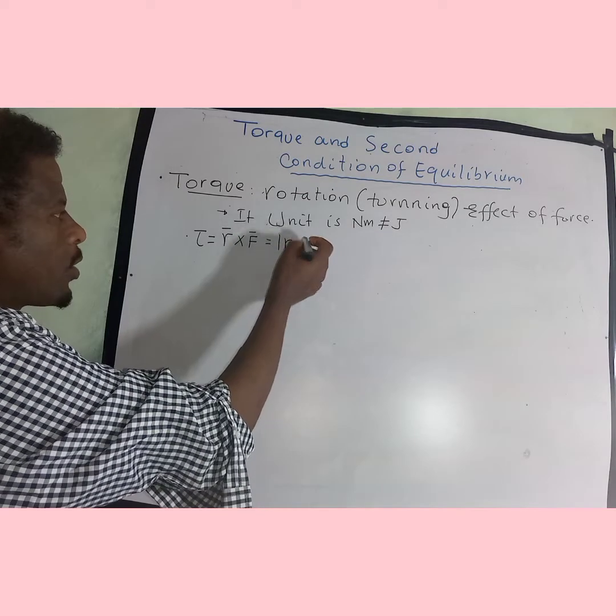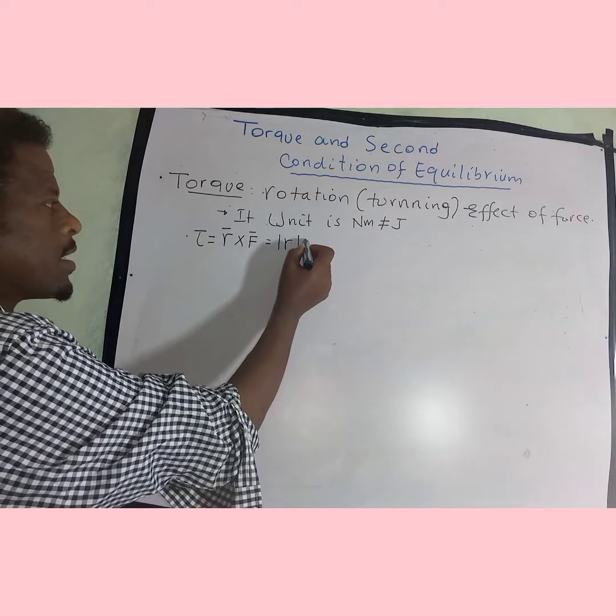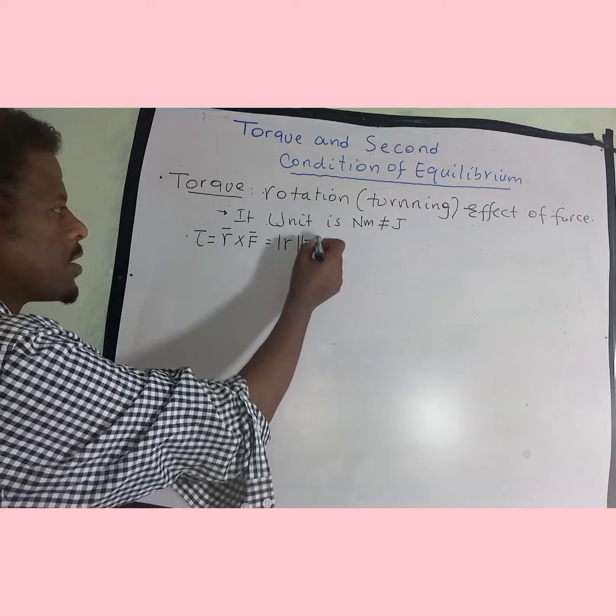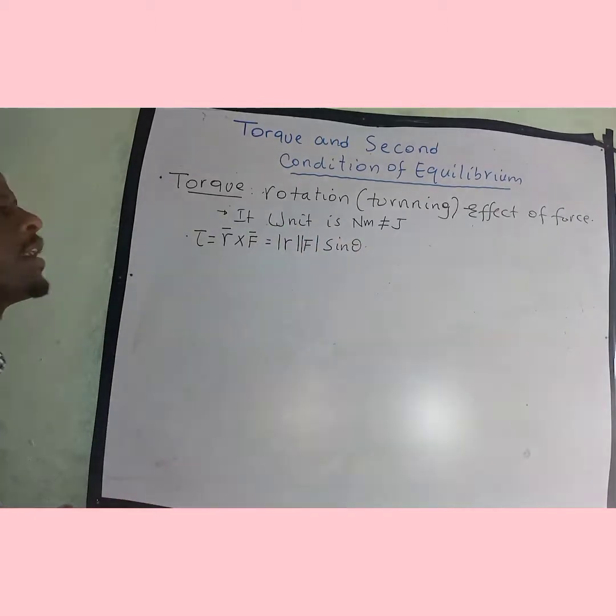Hence torque is equal to magnitude of R times magnitude of force times sine theta. And the direction of the torque is determined using the right hand rule.